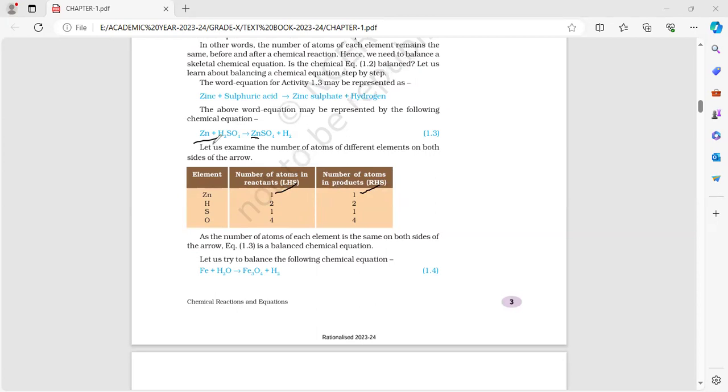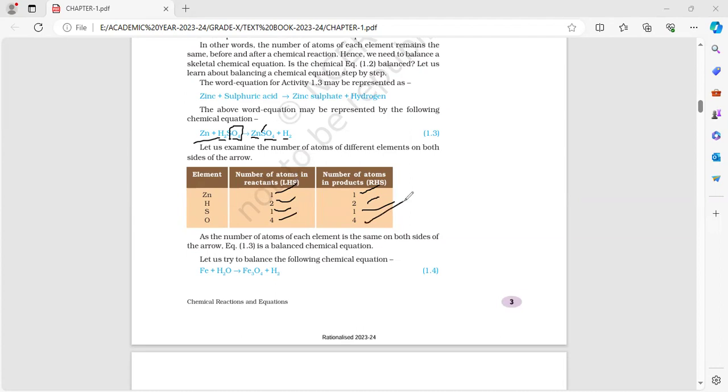Yes, it is balanced. Now the next atom, hydrogen: two on the left side, two on the right side. Balanced. Next element, sulfur: one on the left side, and one on the right. Balanced. Now oxygen remains: four on the left side, four on the right side.